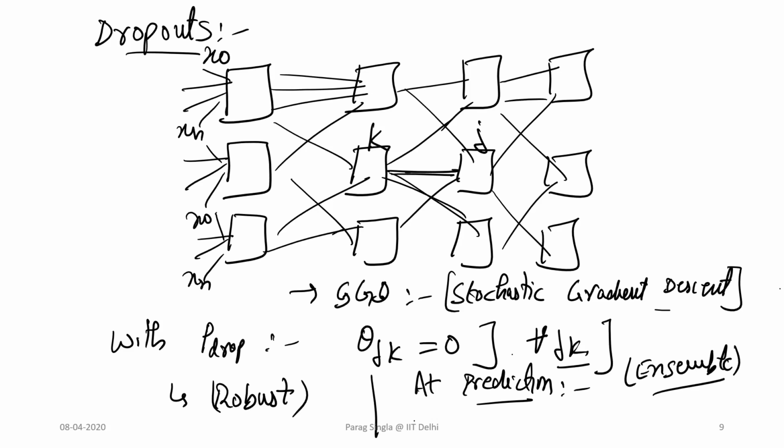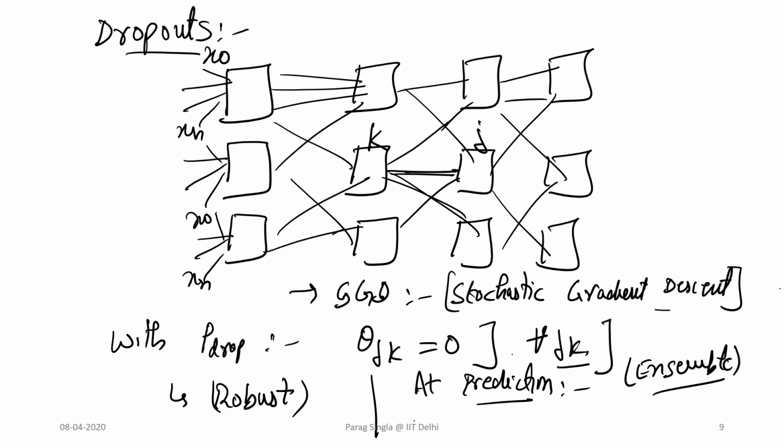But suffice it to say that this is a very, very important idea, that during training you make the model more robust by randomly dropping out each of the connections independently with some probability, including the inputs, and then you learn the network in this setting, and during prediction time you multiply the learned weights by the corresponding probability while you make the prediction.